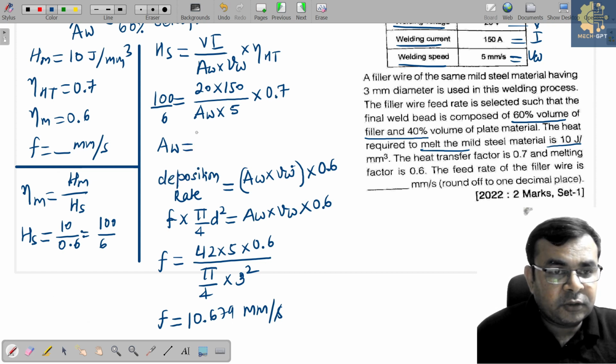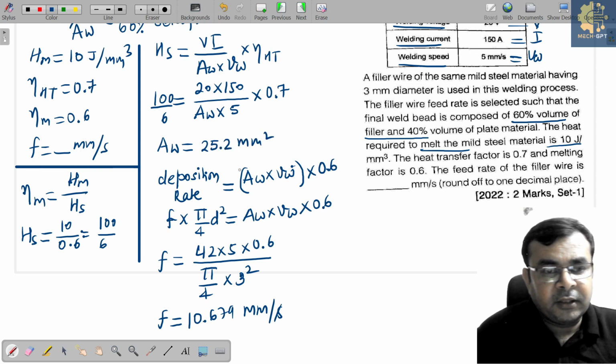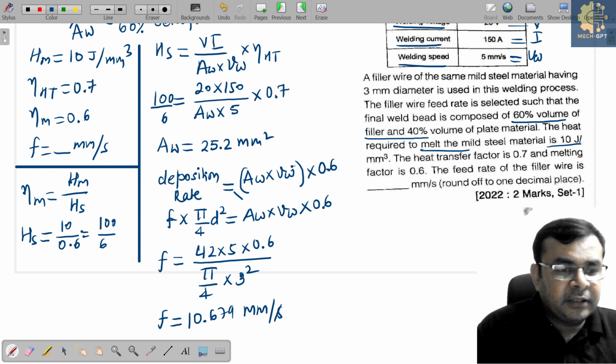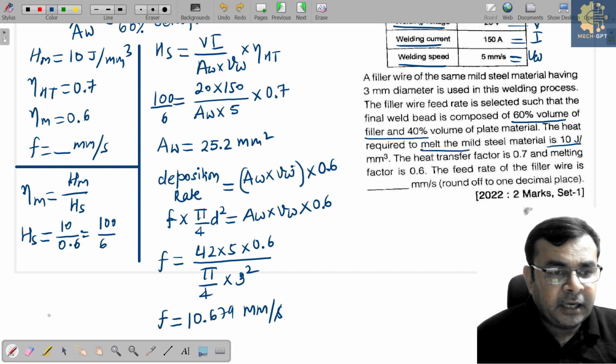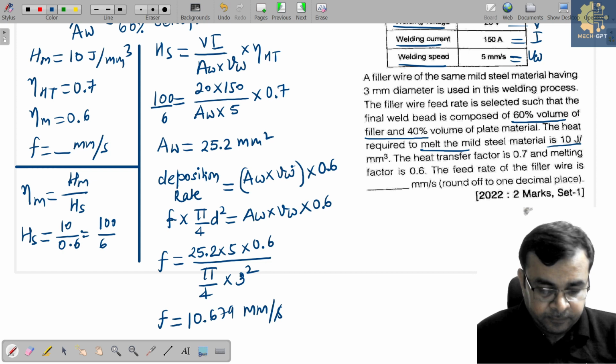Now it is correct. This is 25.2 millimeter square. So let's correct it, and instead of 42 here we have 25.2. And now if you calculate, then obviously you will get this answer. Let me check once again.